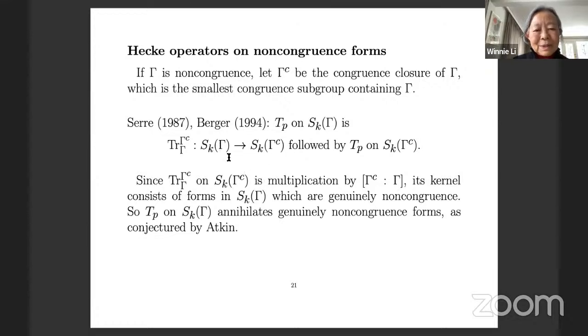The kernel of this trace map is precisely the genuinely non-congruence forms. So this shows that the genuinely non-congruence forms are sent to 0 by the trace map. This is why the Hecke operator gives no information on the genuinely non-congruence forms. That is the main handicap to studying the arithmetic for non-congruence forms for non-congruence subgroups.